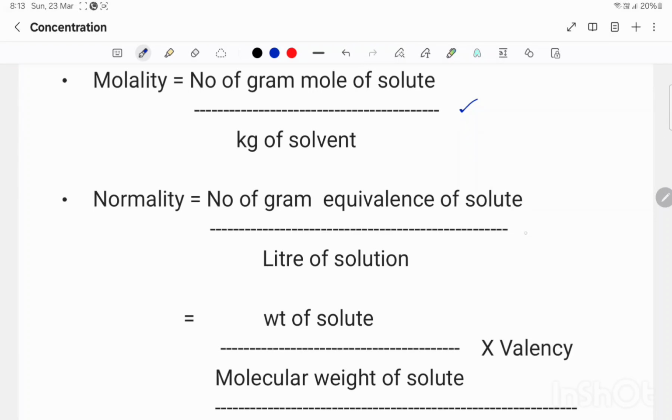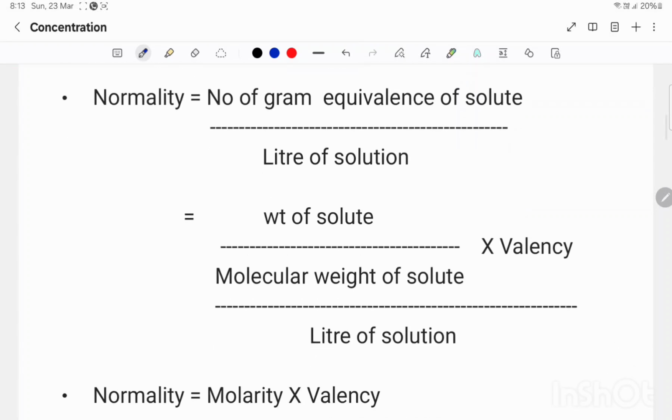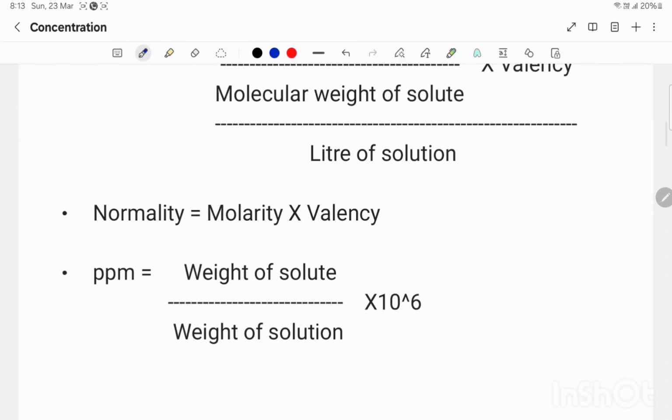The number of gram equivalents can be written as weight of solute by molecular weight of solute into valency, by liter of solution. The other way in which we can express normality is molarity into valency. Next one is ppm, parts per million, which can be expressed as weight of the solute by weight of the solution into 10 raised to the power 6.